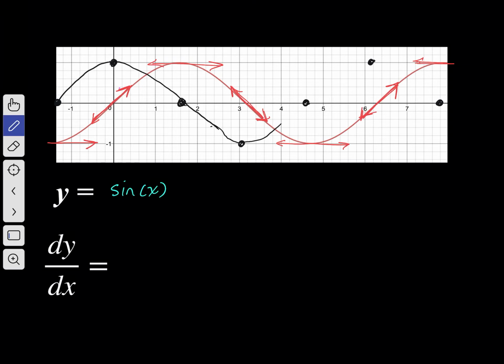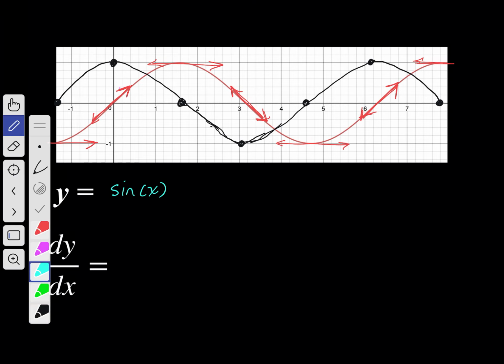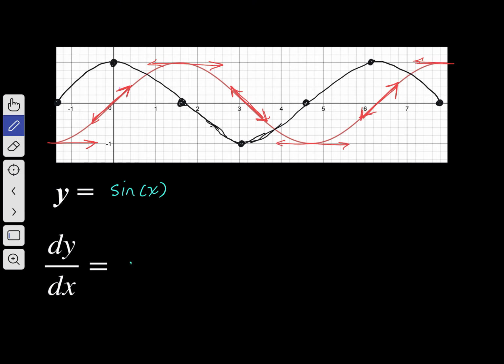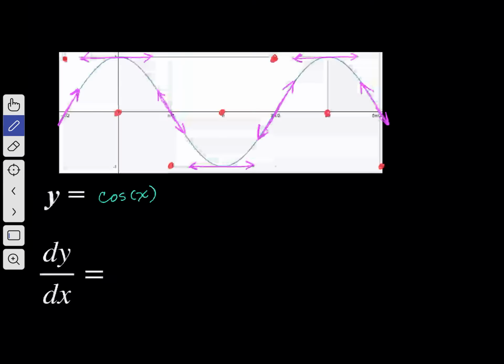We can see that the derivative of the sine, sorry, not a very smooth curve, the derivative of the sine curve is the cosine curve. Remember, cosine has a y-intercept of 1, and it's this pretty parabolic shaped graph. The period is 2 pi. And so we can see that the derivative of sine x is cosine x. Pretty cool. Now this is one that you are going to need to memorize.